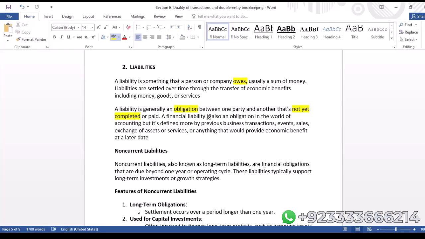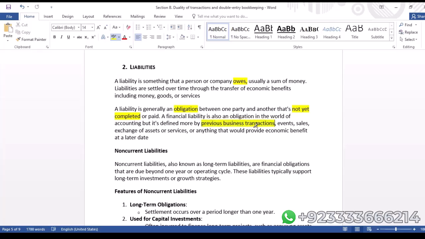So a financial liability is an obligation in the world of accounting, but it's defined more by previous business transactions, events, sales, exchange of assets or services, or anything that would provide economic benefit at a later date. So it is defined more by a previous business activity, business transaction.